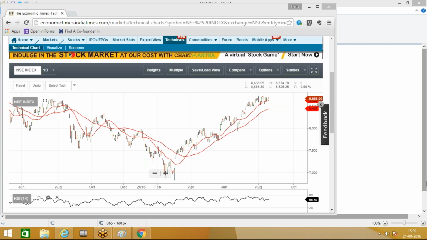Or if you're looking at the market overall, then there might be global triggers, or even domestic triggers. So yes, it is very likely that if the trend of the market is reversing, then the triggers are there, like company results or mergers, or the example that you have given. It's true.